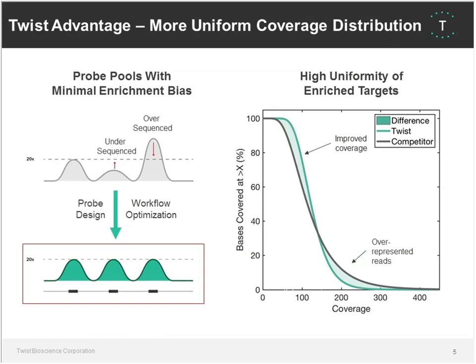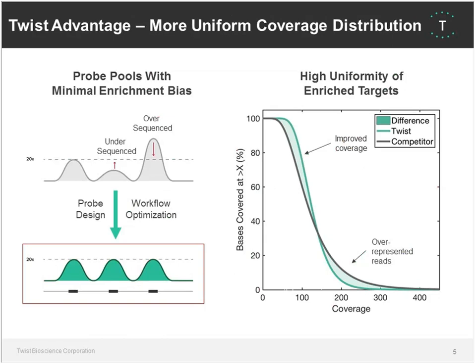The Twist advantage of using probe pools with minimal enrichment bias is that you get a more uniform coverage distribution, which I'm showing in this graph on the right. There are two exemplars: Twist in green, and a competitor in gray. The key is that you want to stay on the 100% base covered plateau for as long as possible, and then fall to zero as quickly as possible.